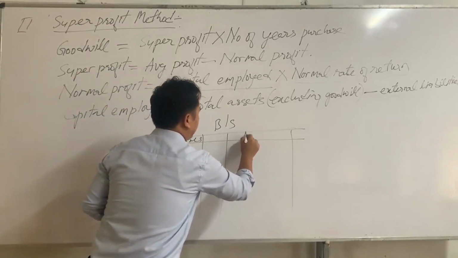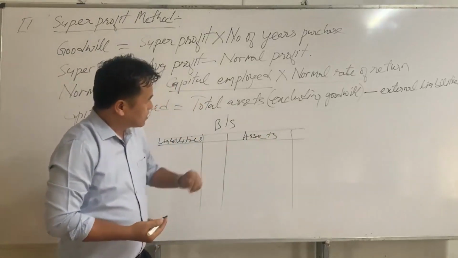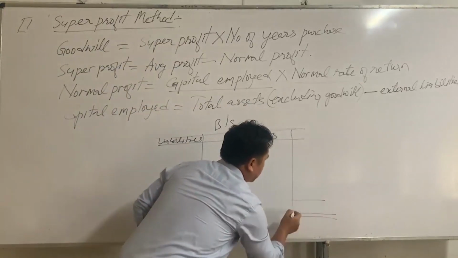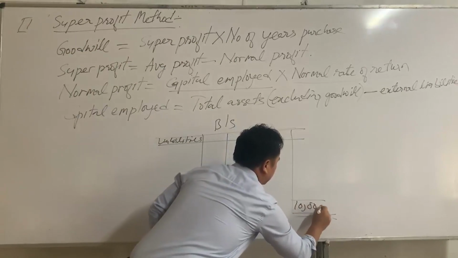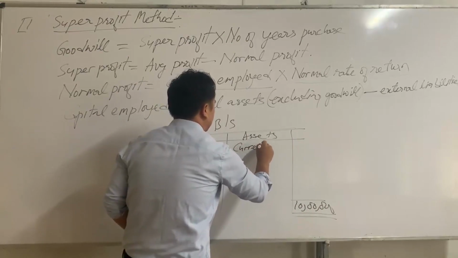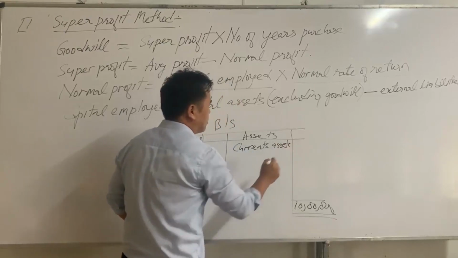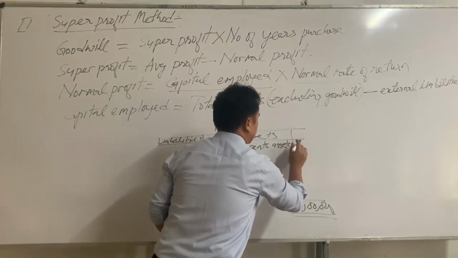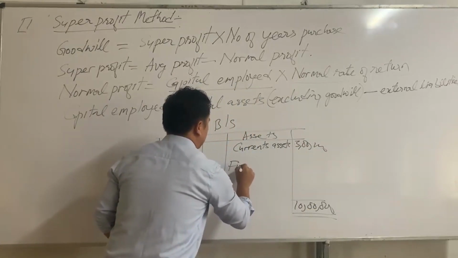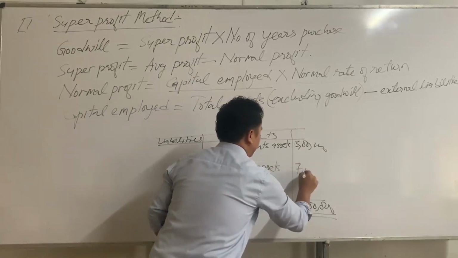In the balance sheet, we have assets and liabilities. Suppose the total of assets is rupees 10 lakh, where current assets are rupees 3 lakh and fixed assets are rupees 7 lakh.